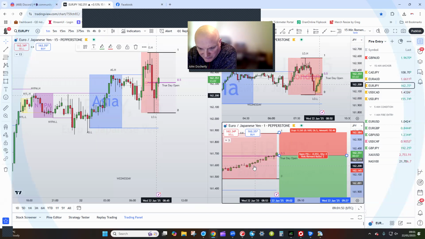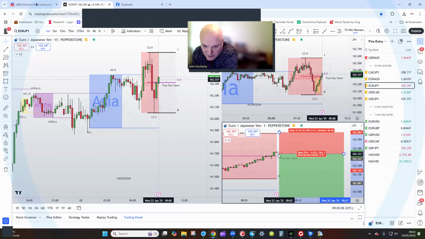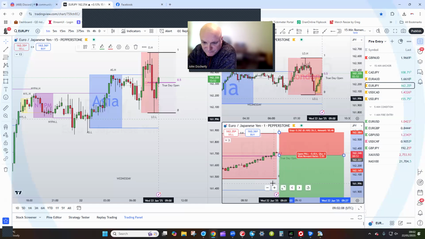Yeah, this candle's going to finish bullish by the look of it. It's just follow price. So we're starting to see a bit of a bearish candle here. I would like to see it come down and engulf that bullish one.